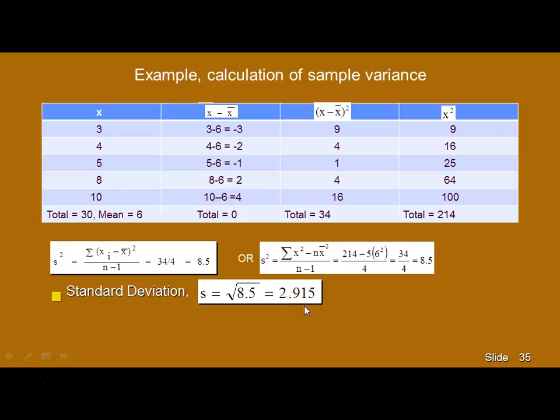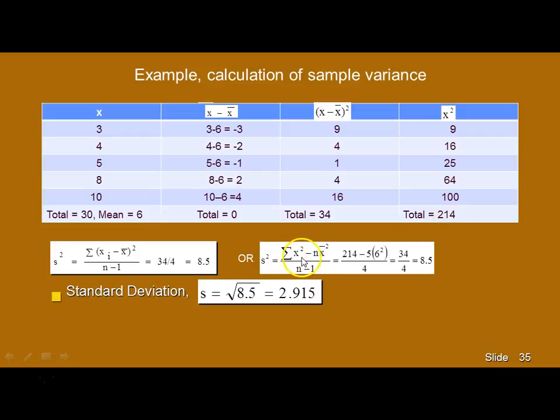If you prefer to use the alternative formula here, you'll need to calculate summation x squared. So that's why I have this last column over here. Take all of the x's and square them. 3 squared is 9, 4 squared is 16, 5 squared is 25, etc. They add up to 214.